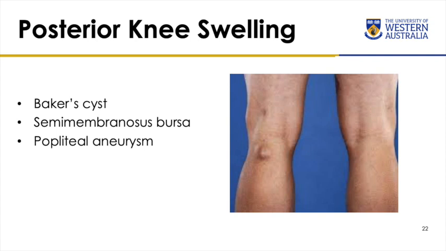Any pulsation in the lump should make you think of a popliteal aneurysm, which is the commonest limb aneurysm. A thrombosed popliteal aneurysm doesn't pulse, but it does feel almost solid rather than fluctuant.